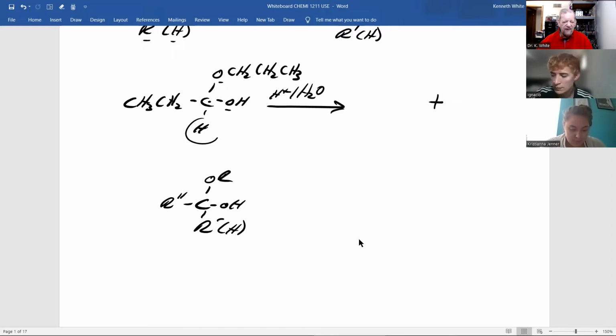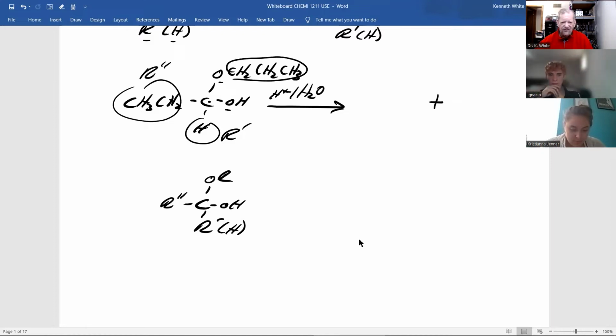So I'll call this R prime, R double prime, and the carbon on the oxygen, R. And when you add acid and water, or water and acid, remember, you can find water and acid in your stomach. One of the great miracles of life to me is we all have cells in our stomach that make hydrochloric acid, H plus.